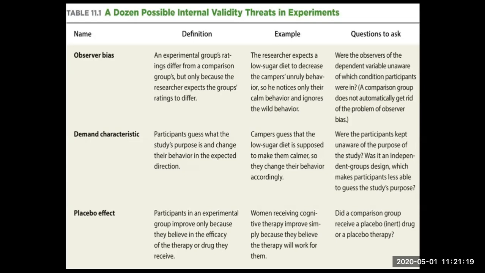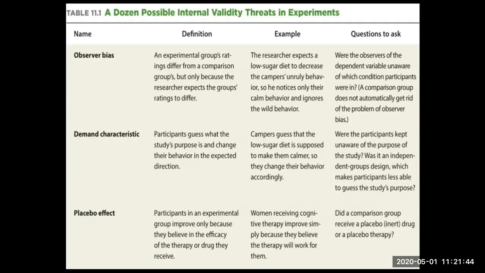Was it a between groups design, which makes participants less able to guess the study's purpose? Remember that in a within subjects design, multiple groups may make it easier for them to guess what they're supposed to do. And instead of answering truthfully, they may try to answer more towards what they think the researchers want to hear, right?